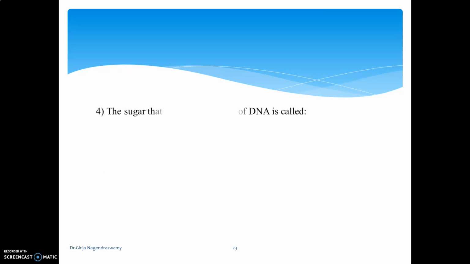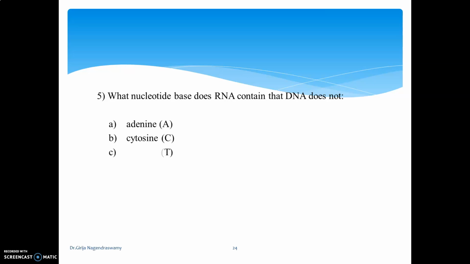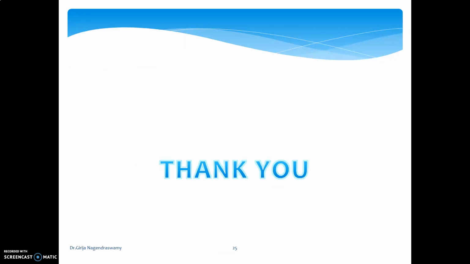Nucleotides. Fourth is, the sugar that is in the backbone of DNA is? Deoxyribose. Fifth question is, what nucleotide base does RNA contain that DNA does not? Uracil. Thank you.